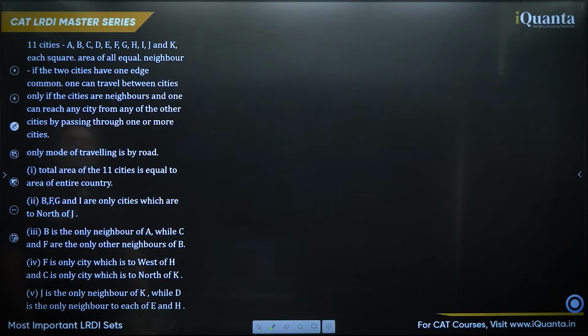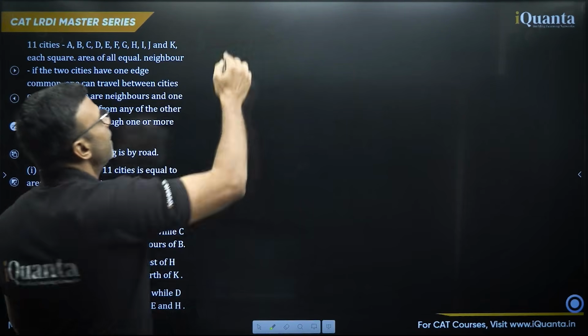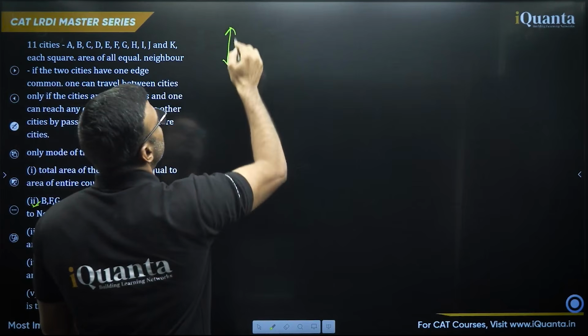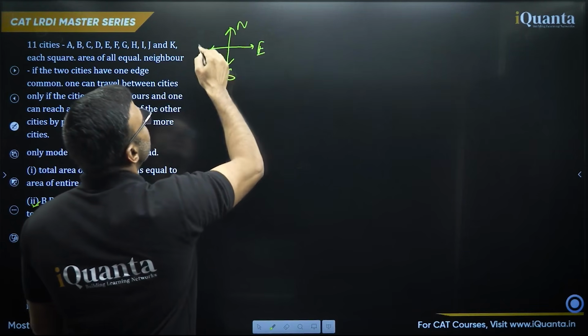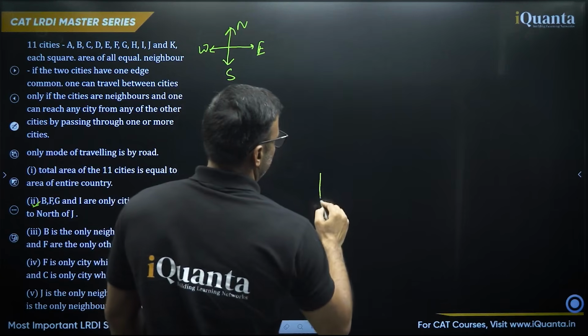Okay, so let's start from here. All this is general information. This is the first important information: B, F, G and I are the only cities which are to the north of J. So for reference, I'll put north, south, east, west, and I draw possibilities.